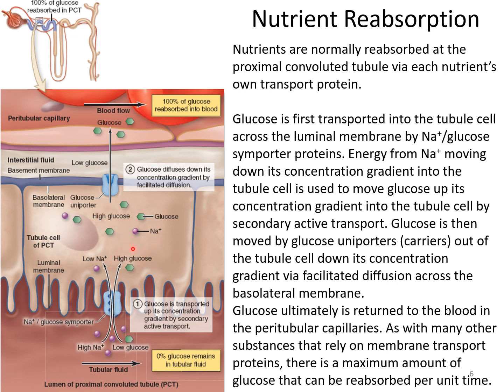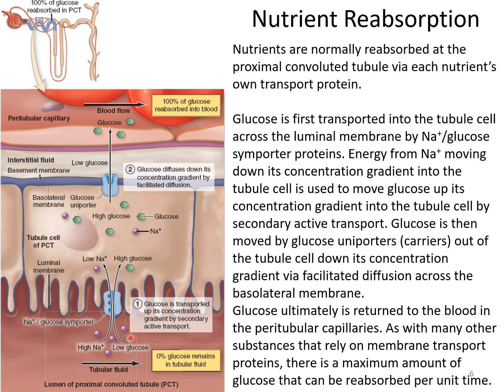So the energy from sodium moving down its concentration gradient, sodium's going from high to low, is going to be harvested to push glucose against its concentration gradient. Glucose is going from low to high. It doesn't want to do that.